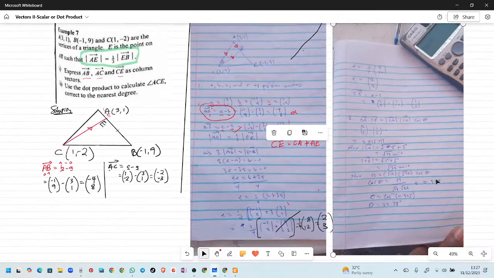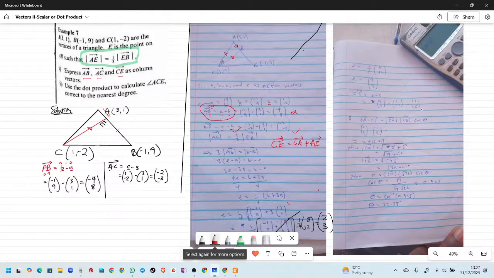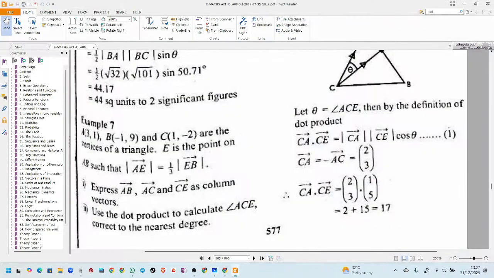So now CE is E minus C. Okay, now I understand it. You may be correct. Let's go and check.